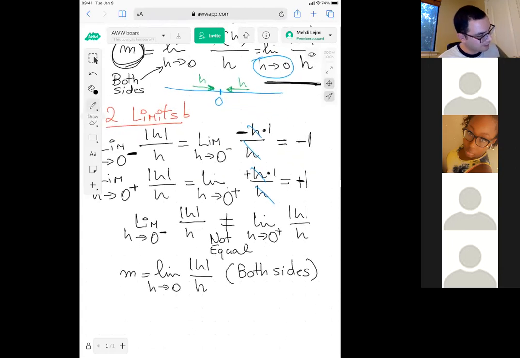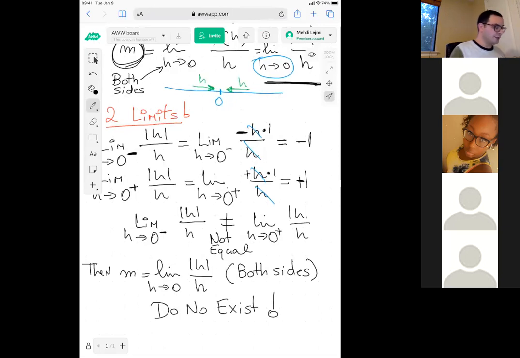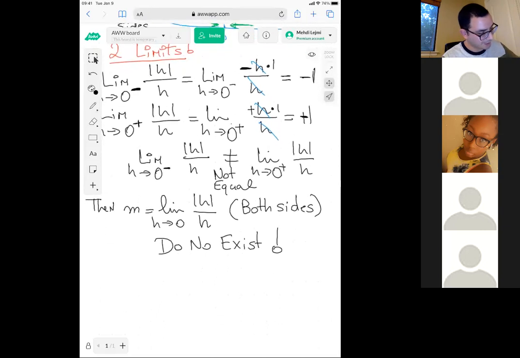Okay, so this number does not exist. And if this number m does not exist, it means that f is not differentiable at 0.